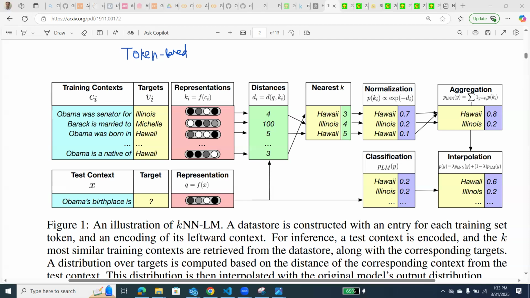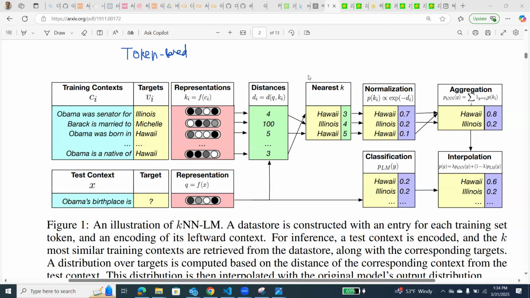So you can find the best lambda that interpolates these results, and the performance of the model is better. And after this interpolation, you can choose the answer token. So it's very slow because you should do this for every token during generation, but it's the first idea. You use the token with additional information from your training data.